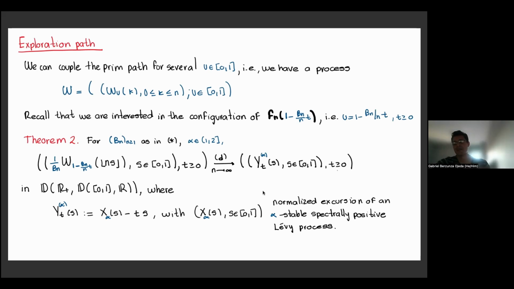Then what is left is to use this result to obtain the sizes of the connected components, by the property I showed you before. One just needs to study the distances between successive new minima of both processes and see that they converge, which is technical, but not too difficult when you have the convergence of the random walk.